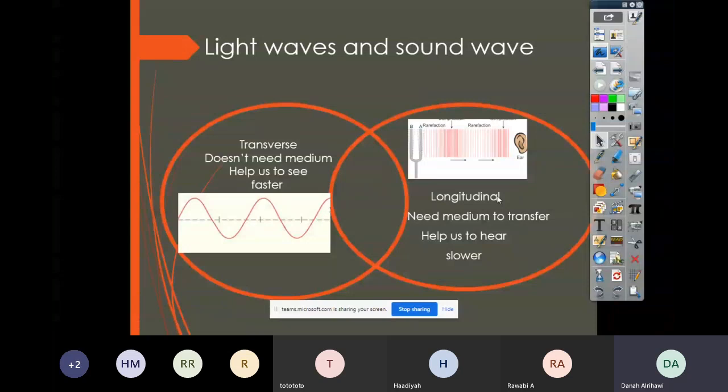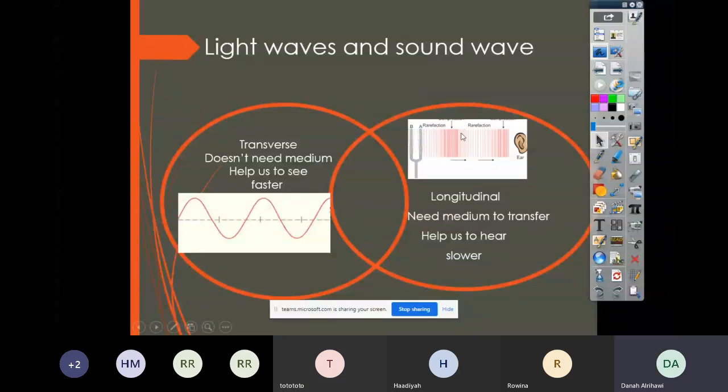Now let me hear from Taima. Taima, does the sound need a medium to transfer through? Does it need liquid, solid, or gas to transfer through? Can it transfer through space where there's no air, no particles? No, it can't. So it needs a medium to transfer through.